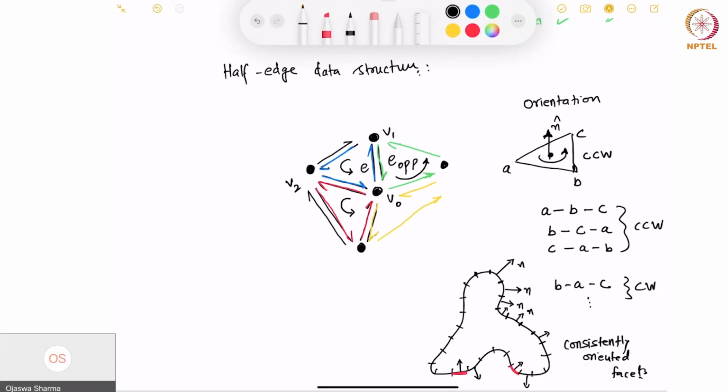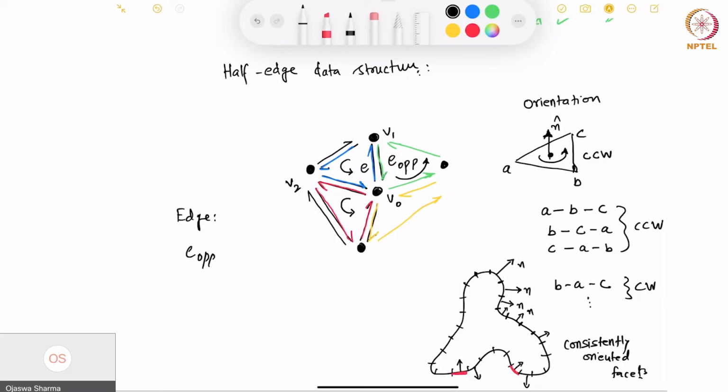Yeah. So you have these counterclockwise oriented facets, and so what does this data structure have? The edge data structure has a pointer to the edge. Sorry, it is the edge, so it doesn't need a pointer to itself. It has a pointer to E opposite, so that it can go to the next facet by jumping to E opposite.